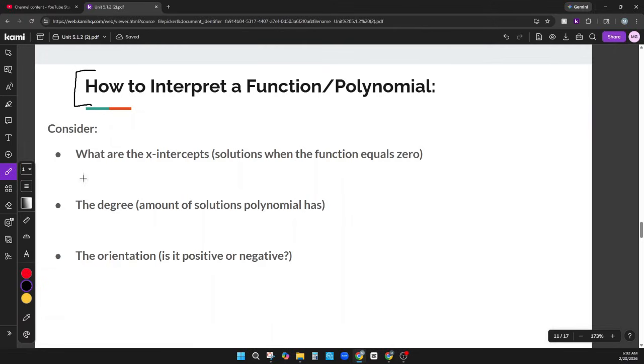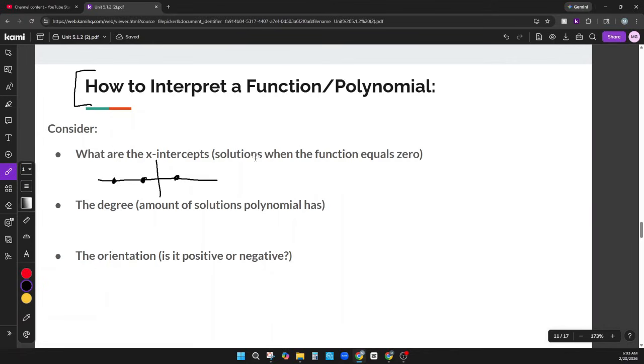And depending on what we have as far as our x-intercepts, that gives us the baseline of what our graph is going to look like. So depending on what our x-intercepts are, that tells us what points we go through.